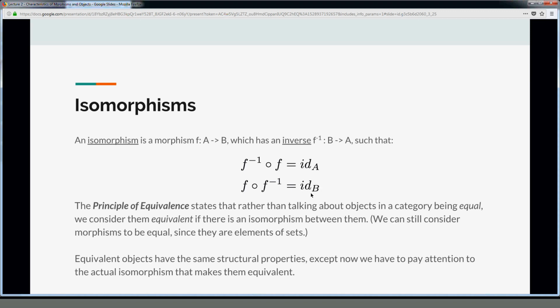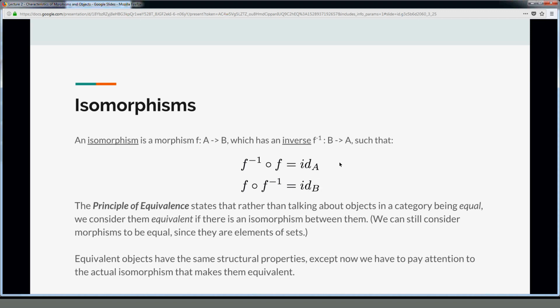But objects, we don't talk about them being equal. We have to say, okay, here's an actual isomorphism, and that makes them equivalent. And essentially, if there's an isomorphism between two objects, they have all the same structural properties. We'll see some examples of those structural properties in a second here.